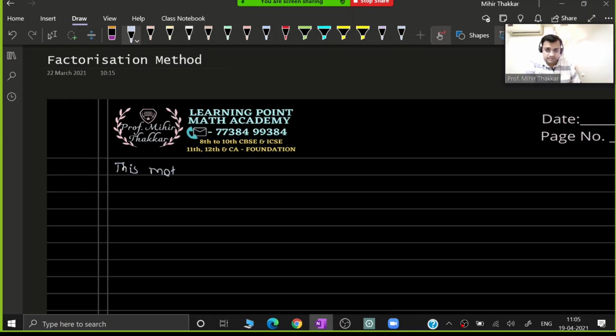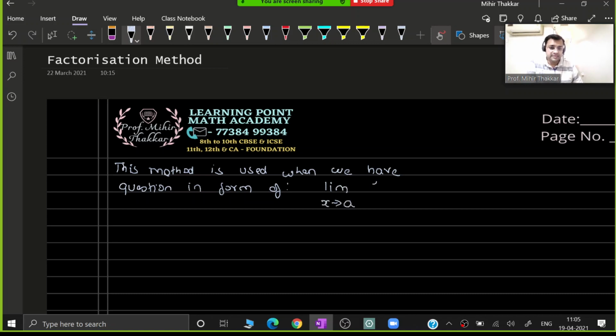This method is used when we have a question in the form of limit as x tends to a, fx upon gx, where fx and gx are polynomials in terms of x.